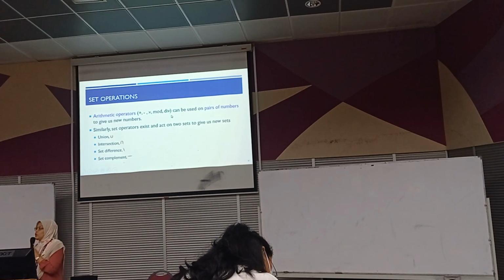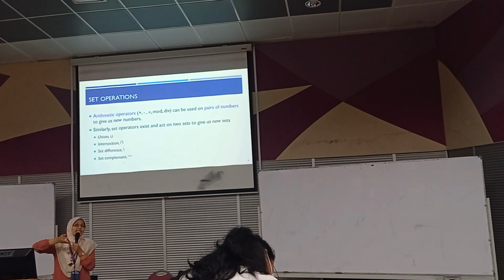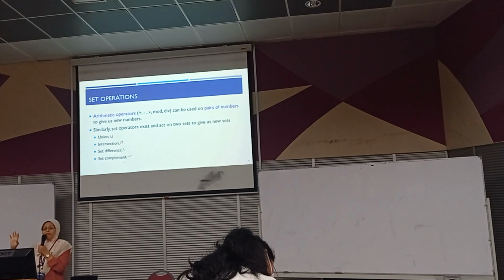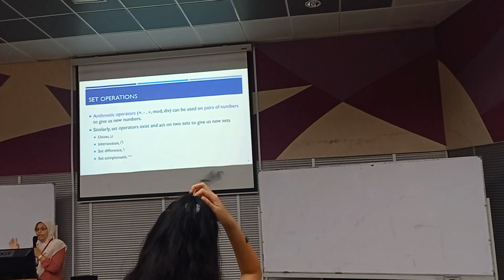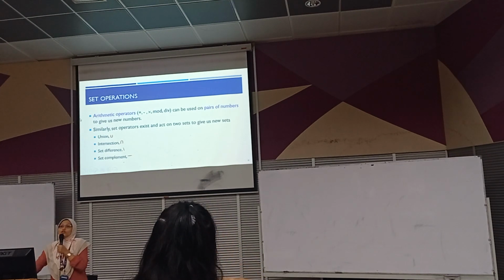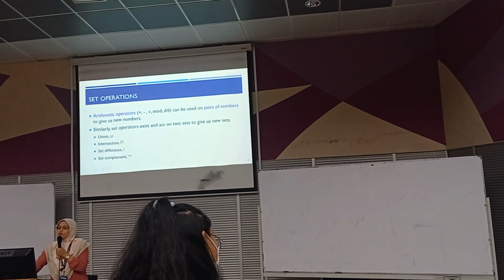If you want to divide, don't use slash. Slash is for R, but we don't use R for Z, so we use N or Z only. So in order to divide the data, you have to use div only.